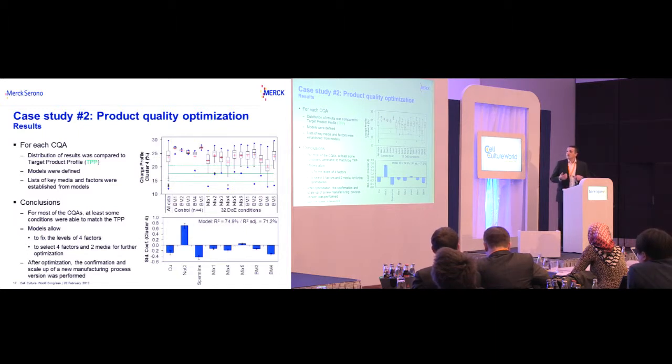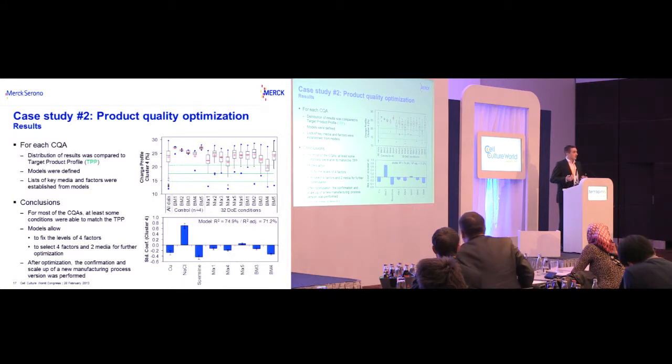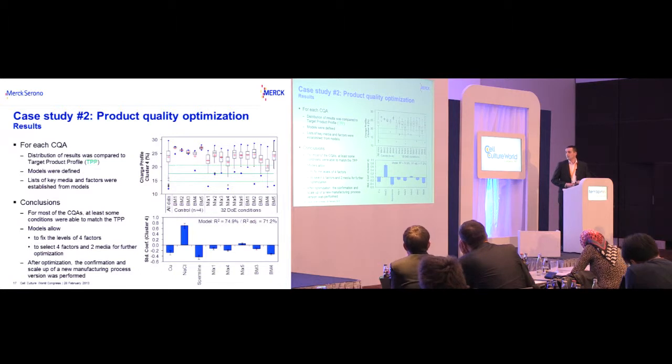So for each CQA, we look at the distribution of the results. We also did models. So here, for example, also for the cluster 4, you can see which components drive the product quality up or down. Here it was interesting to see that by adding copper in our feed, we can improve or at least come back into our target product profile.